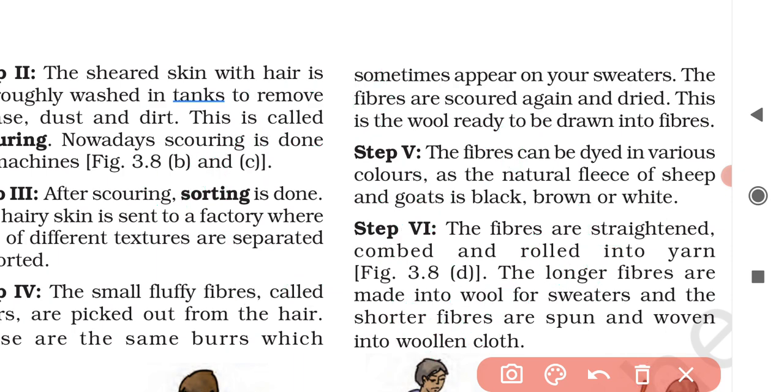Basically we are talking about the hair color of sheep or goats. It can be white, brown, or even black.